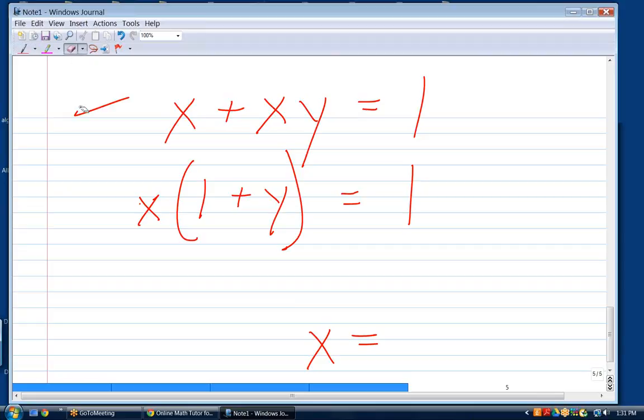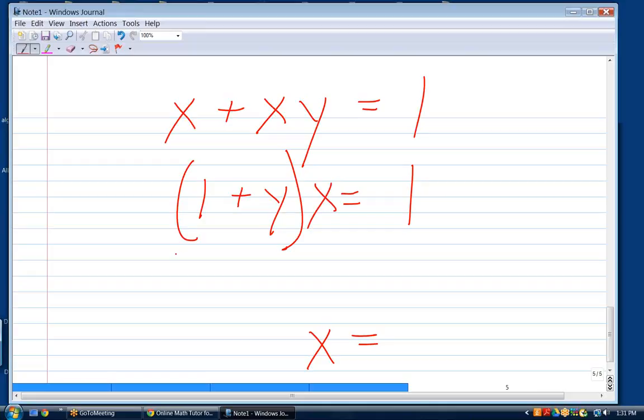Let me write it differently. Instead of writing it like that, let me write it like that. Same thing. 1 plus y times x is the same as x times 1 plus y. Now what's the coefficient of x? It's 1 plus y.